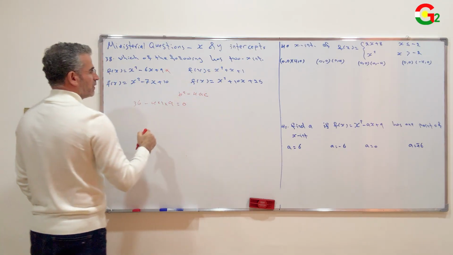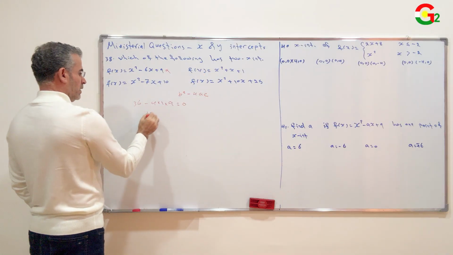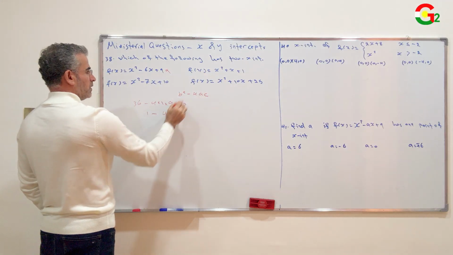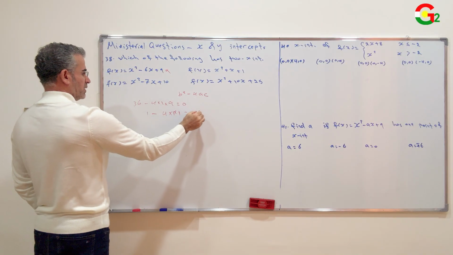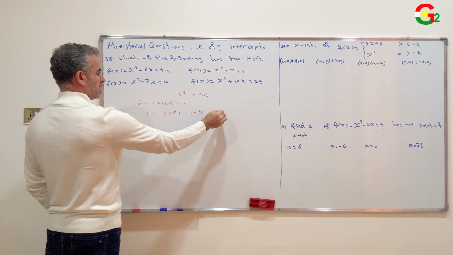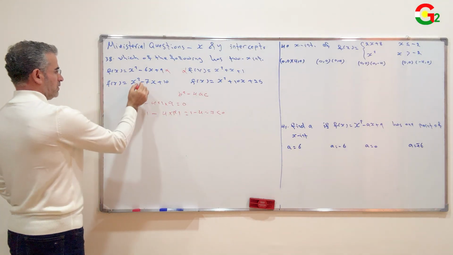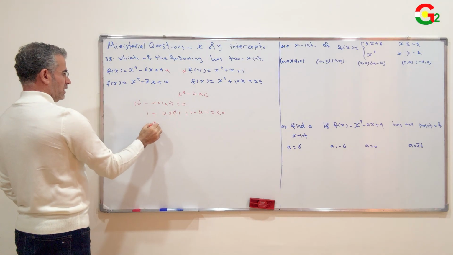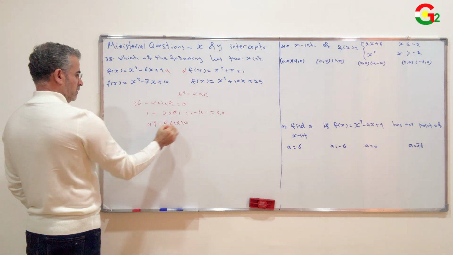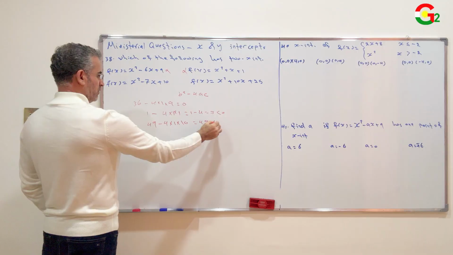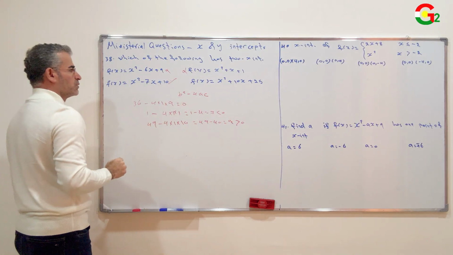For the other function, b squared, 1, minus 4 times a times c, equals 1 minus 4 times negative 3, which is greater than 0. Wait, this function has no root. C: negative 7 squared, 49, minus 4 times a times 10, equals 49 minus 40 equals 9, greater than 0. This function has 2 roots.